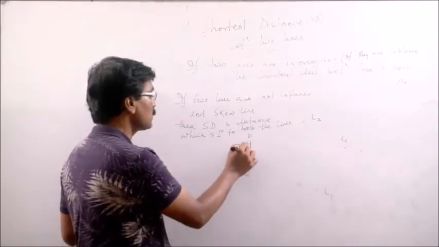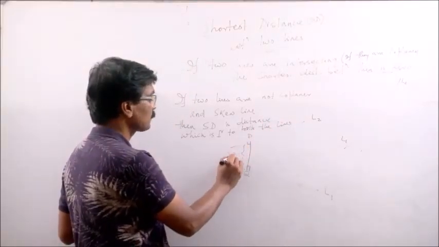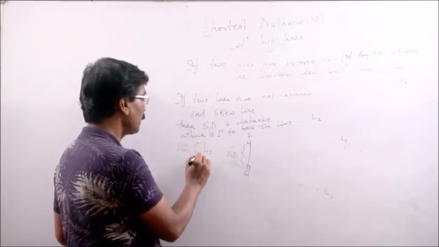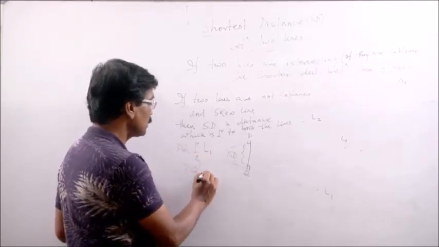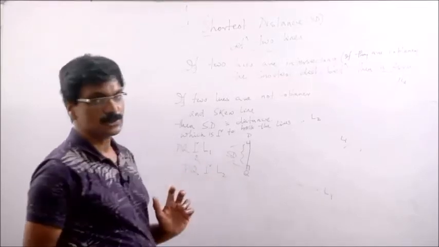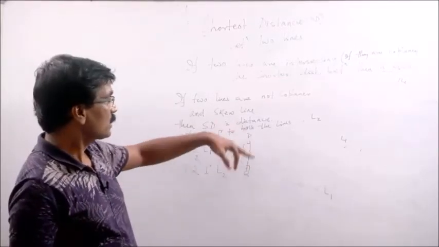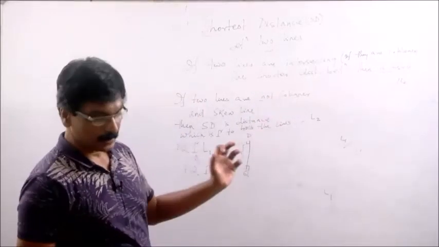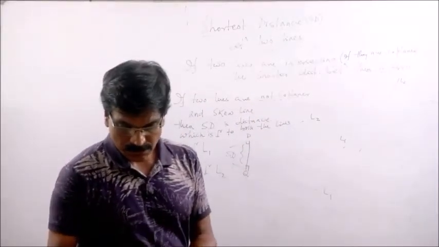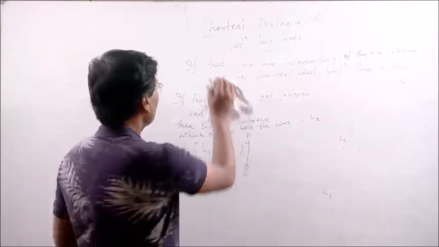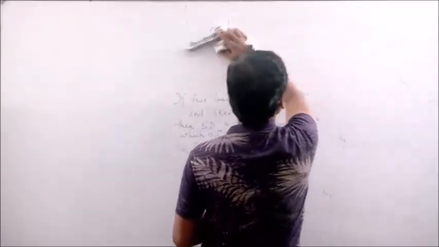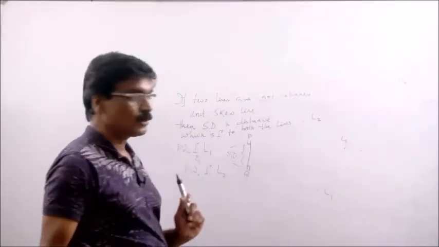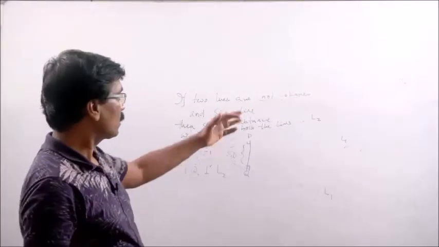Suppose PQ is the shortest distance, then PQ is perpendicular to L1 and PQ is also perpendicular to L2. So, this is the shortest distance provided the two lines are not coplanar.